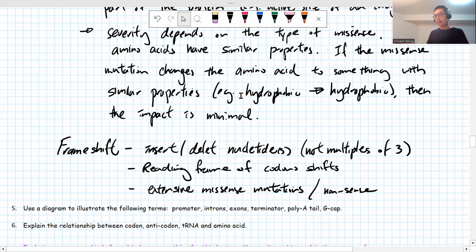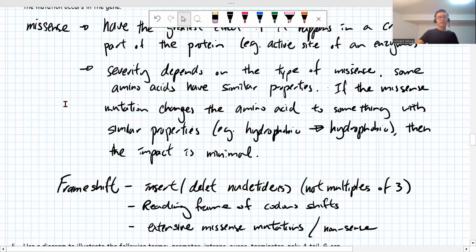So is it bad? Again, you have to think about where it happens, right? Beginning, probably bad. Towards the end, it could be bad as well. If I have to choose between a frame shift that happens at the end versus a nonsense that happens at the end, theoretically, the nonsense towards the end is better than the frame shift happening at the end. Here's a reason.